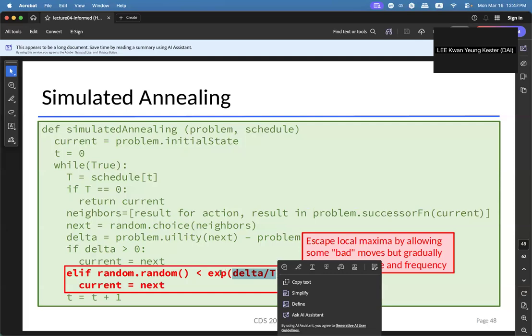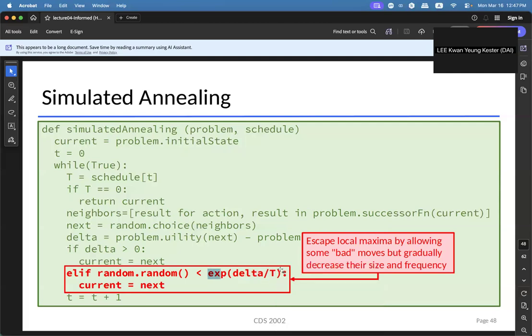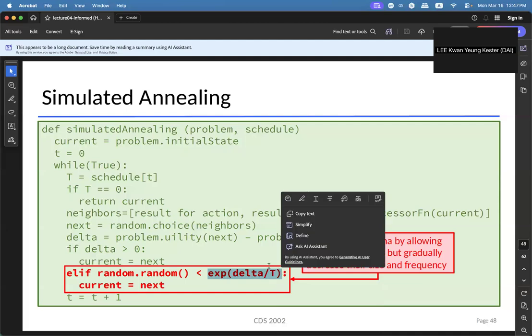The exponential number powered by a bigger negative value is closer to zero, so the threshold is smaller. You can see one trend here: as temperature decreases, the threshold is smaller; if the temperature is bigger, then the threshold is bigger. So we use this function, the exponential number powered by delta divided by T.